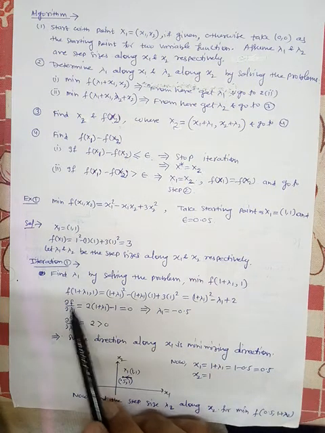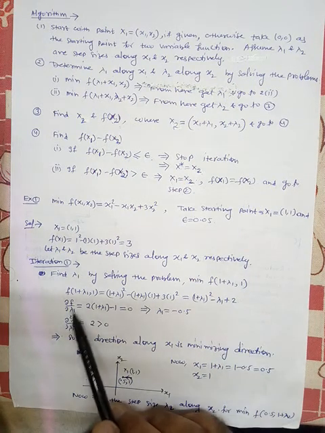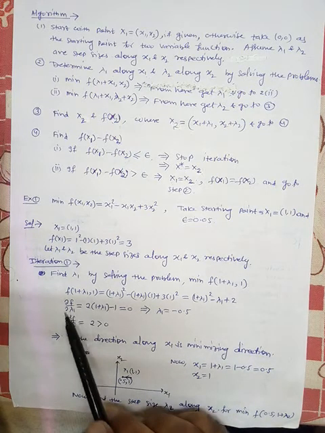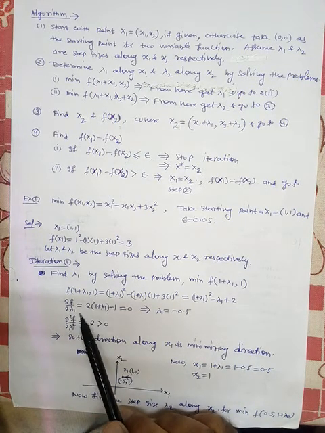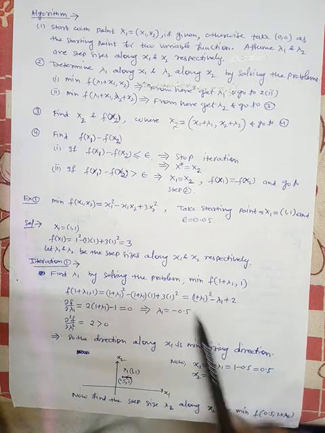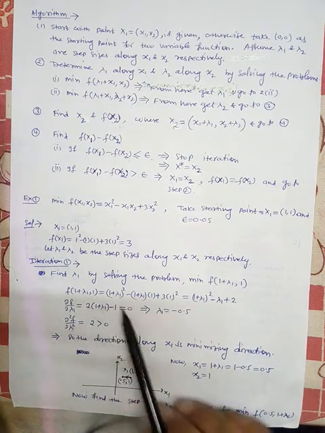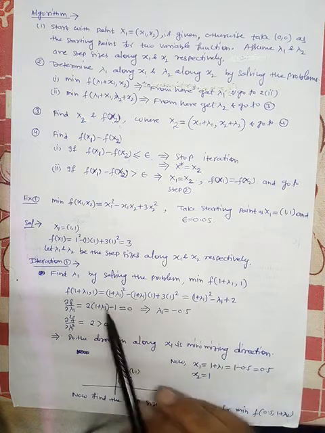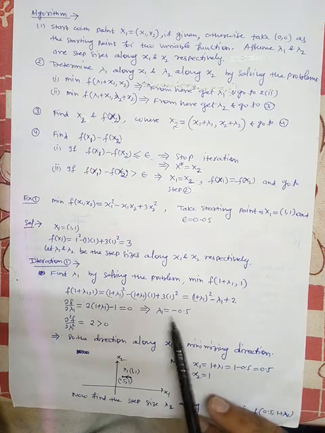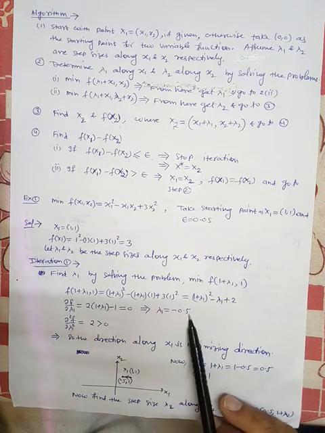Now differentiate this function with respect to lambda 1. So del f by del lambda 1 equals, partially differentiating this, 2 into (1 plus lambda 1) minus 1. For the optimum value of lambda 1, this should be 0 and hence lambda 1 is minus 0.5.